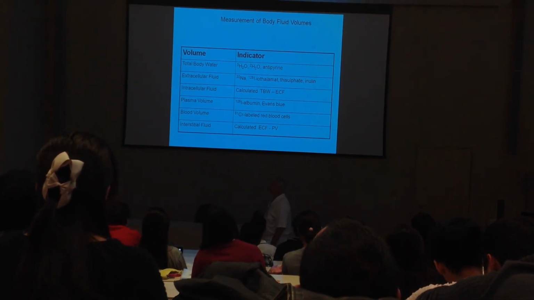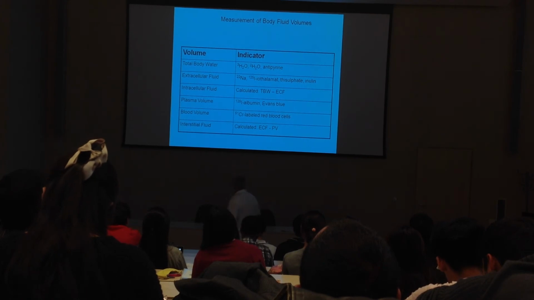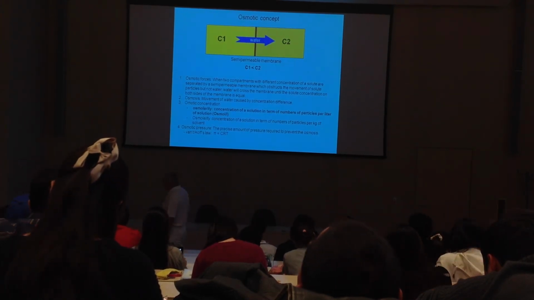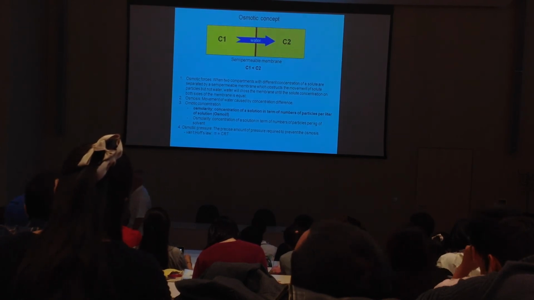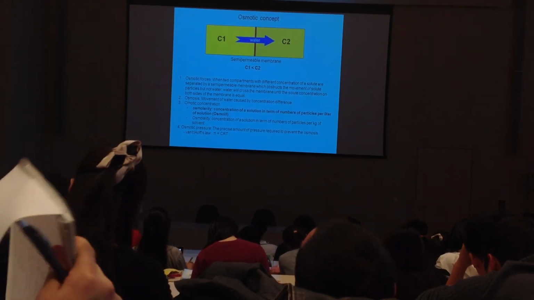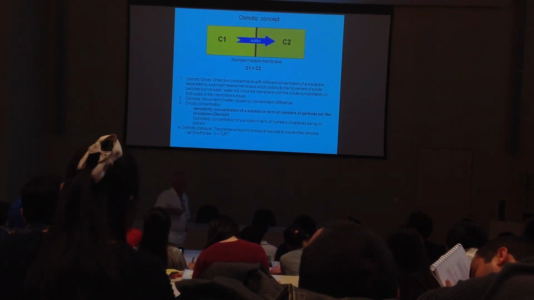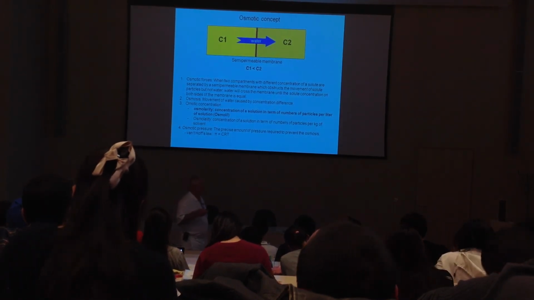So sometimes so-called indirect determination is required. Osmotic concentration, osmosis. We said we have to regulate the water content, we have to regulate the concentrations, and that is a parameter which is frequently missed.